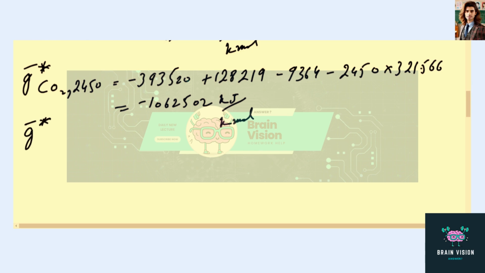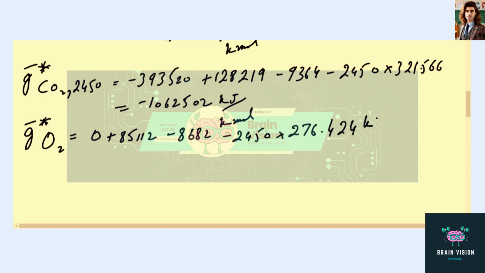Then we've got G bar asterisk for O2, and that is 0 plus 85,112 minus 8682 minus 2450 multiplied by 276.424 kilojoules per kilomole, which is equal to minus 600,809 kilojoules per kilomole.